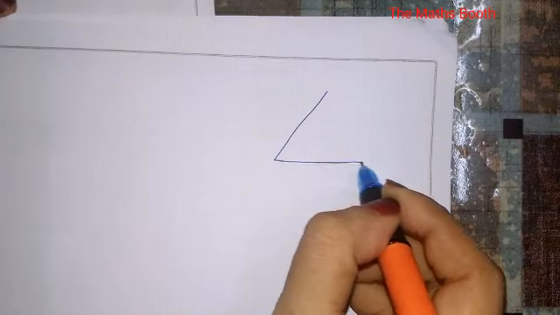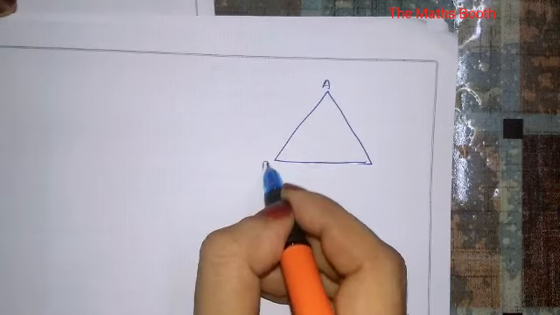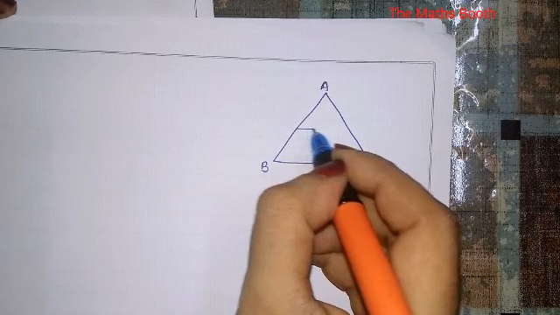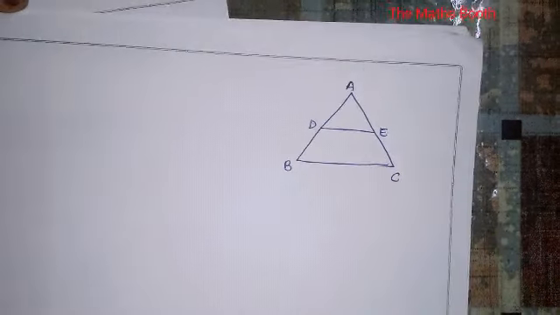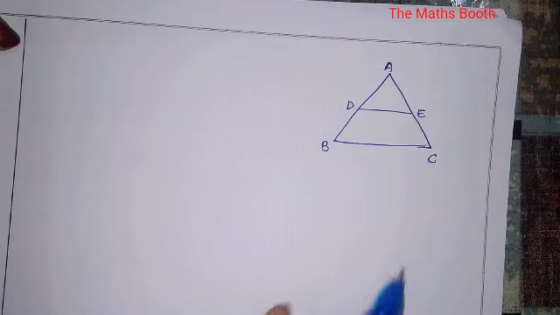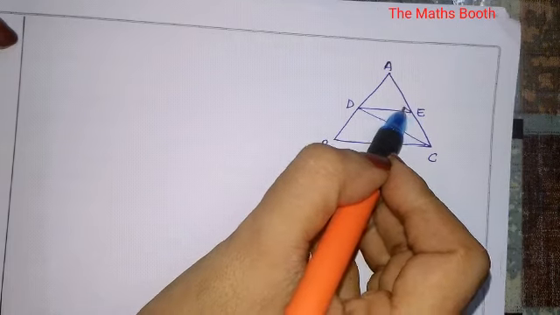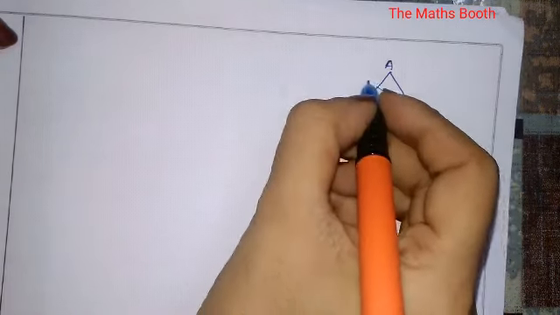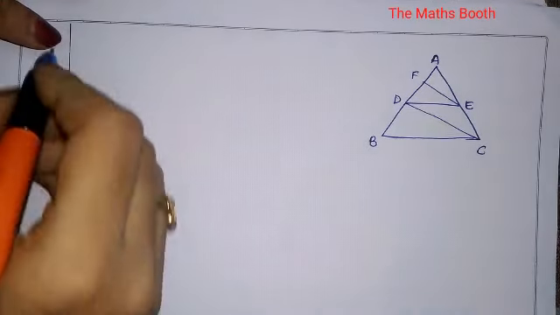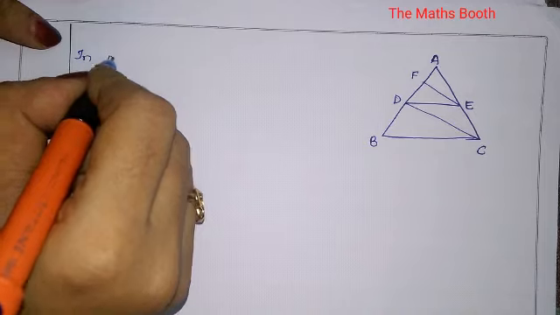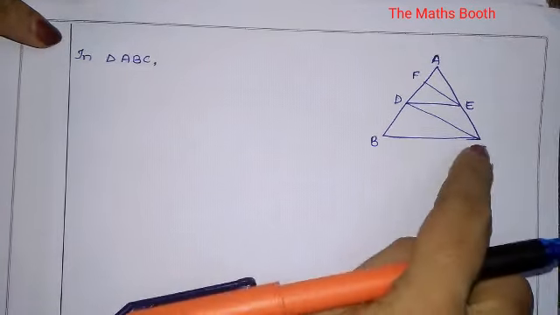In triangle ABC, what they have told is DE parallel to BC, it is given. And CD parallel to EF. Okay, let me write. I am focusing on triangle ABC now.